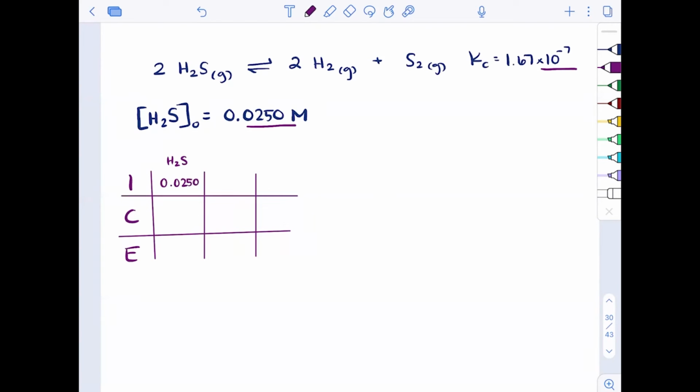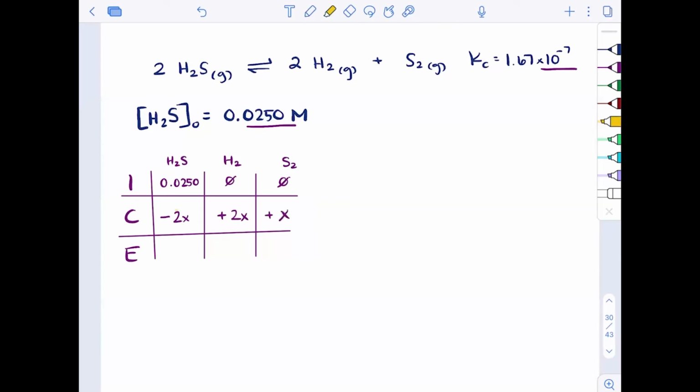So for H2S, we start off with 0.025. H2, we're starting with nothing, and S2, we're starting with nothing. Now, our change in concentration, again, we should be making products since we start with none: minus 2x, plus 2x, plus x.